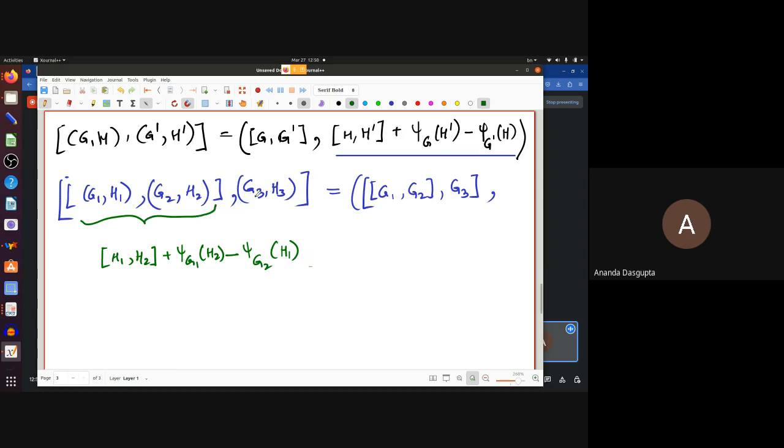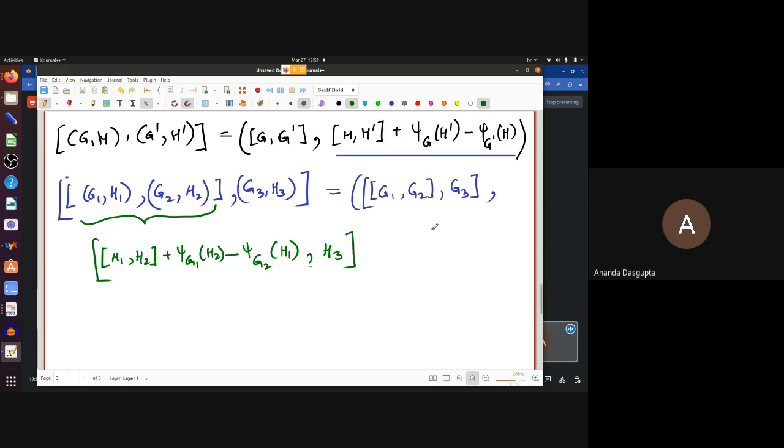And you have to combine this with this. So from this definition, it's the h element from the first pair bracketed with the h element from the second pair, so h3. Okay?